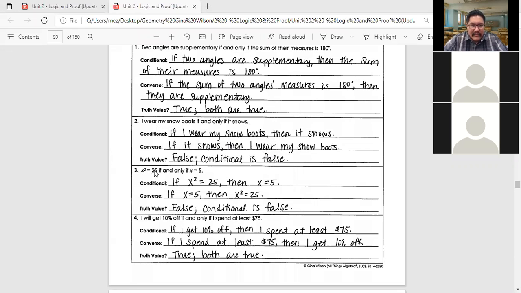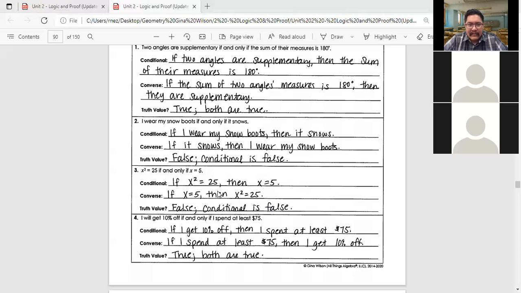Okay, so x squared equals 25 if and only if x is 5. Let's put that out. In the conditional, that's when we add the if and then: if x squared is 25, then x must be 5. And that kind of makes sense, because if I have 5 and I square it, I get 25, right?